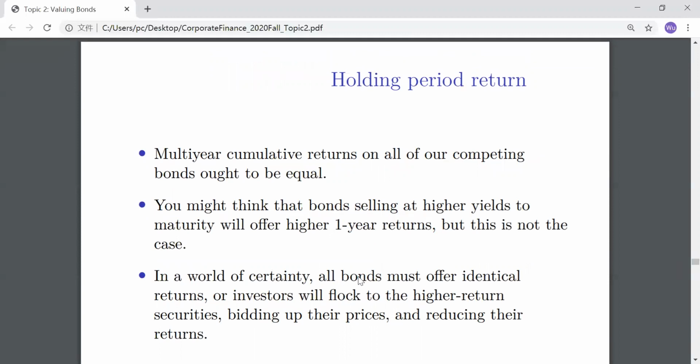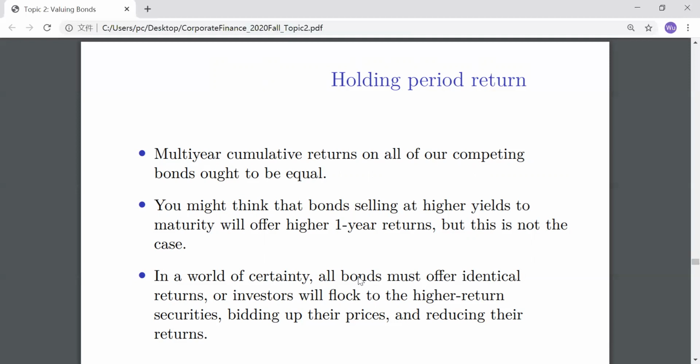Now, another idea here is called holding period return. Because we impose this competitive condition, no matter how you invest, they should offer a competitive return. No matter if you buy a 3 year zero or you buy three 1 year zeros, they should offer the same return.